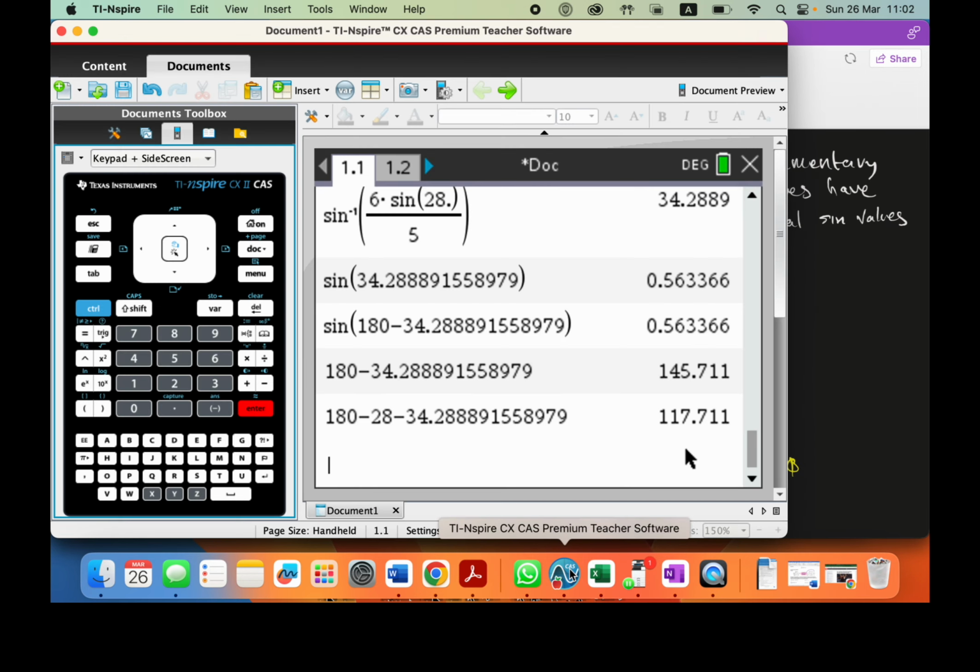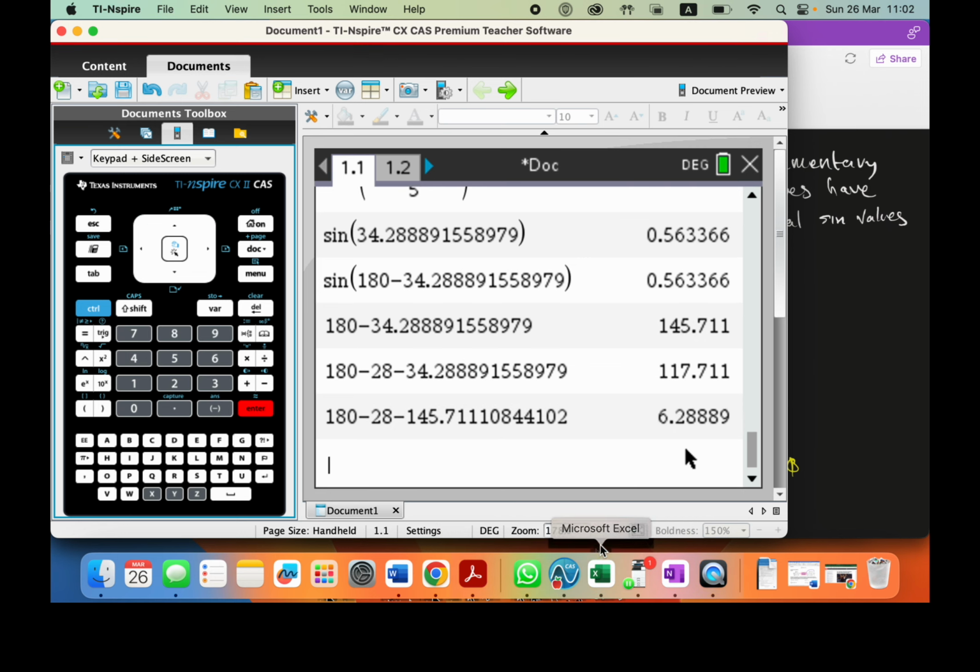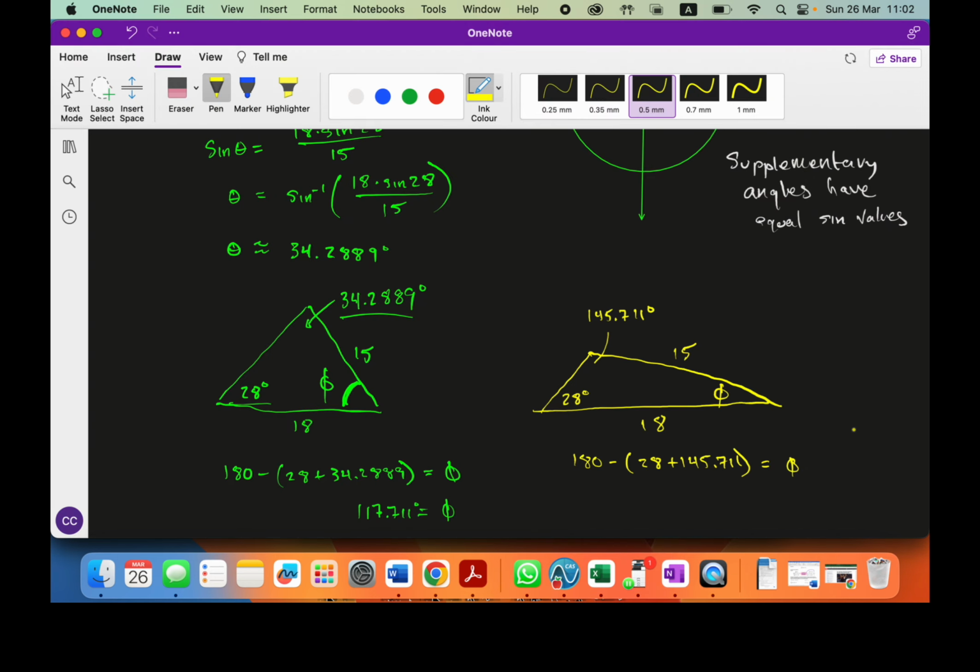Okay, so doing that, 180 minus 28 minus that one, and I get this 6.288 value. Sorry, it is 6.28 repeated angles.